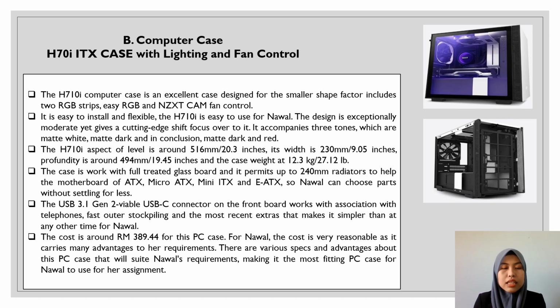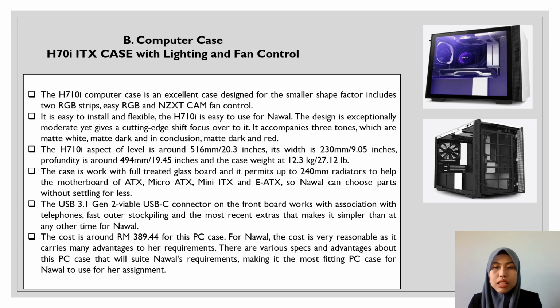The design is exceptionally minimal yet gives a cutting-edge look. It comes in 3 tones, which are matte white, matte black, and lastly, matte black and red. The H710i height is around 560 mm or 20.3 inch.